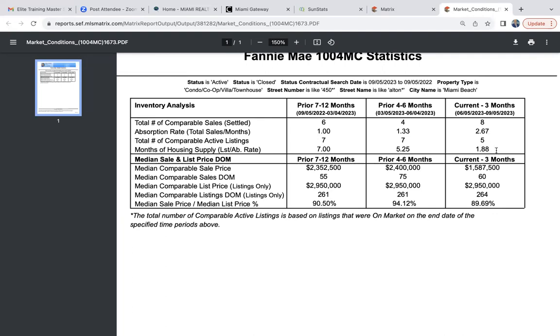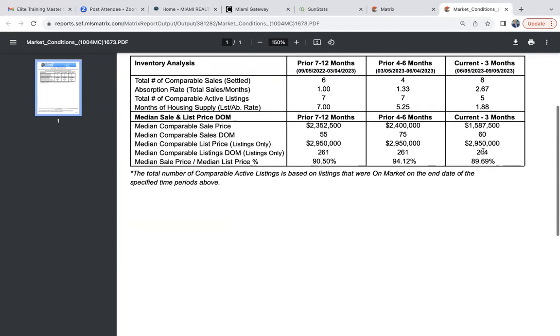Well, that leaves you with a little less than 2 months of inventory. And once again, in this building, we are experiencing a price reduction. And we are experiencing the sale of a property at 10% off of the original list price, coming in at 89.6% of the original list price.